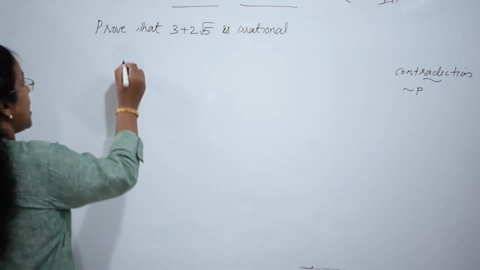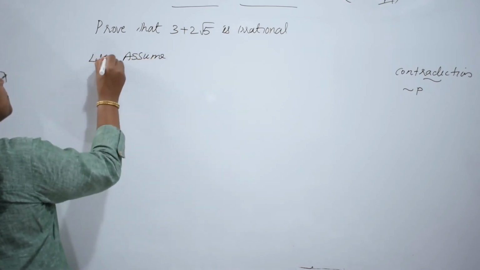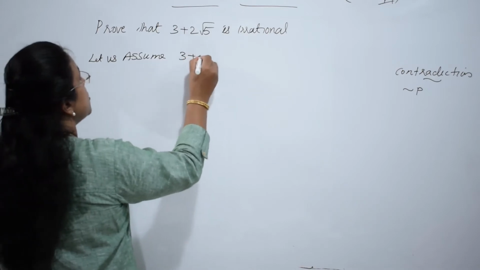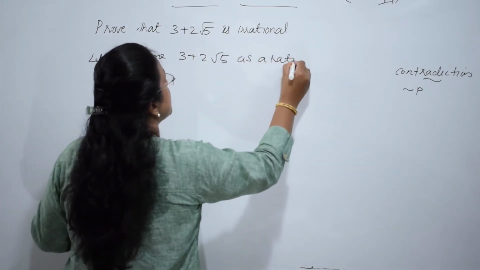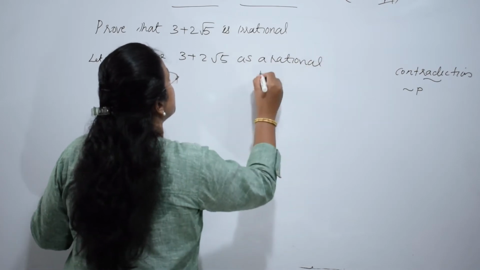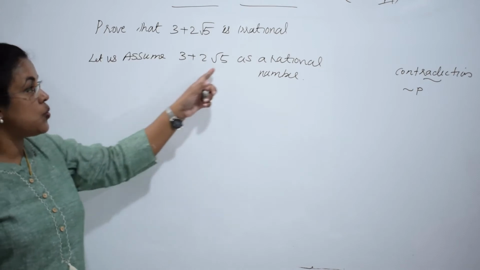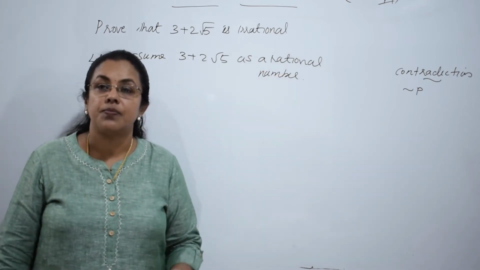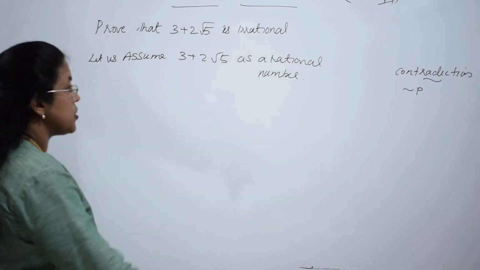For that, let us assume 3 plus 2 root 5 as a rational number. If it is a rational number, we can write it in the form p by q.